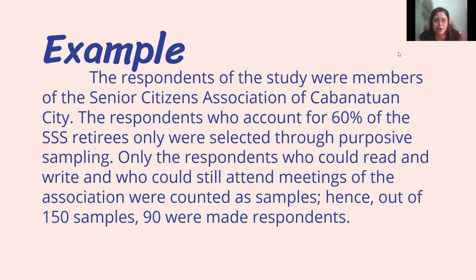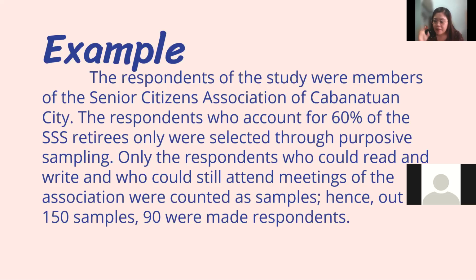So this time we have here the respondents are the Senior Citizens Association of Cabanatuan City. The respondents who account for 60% of the SSS retirees only were selected through purposive sampling. Because if there is a criteria, class, please take note. Once you mention a criteria in selecting your respondents, it automatically becomes a purposive sampling.